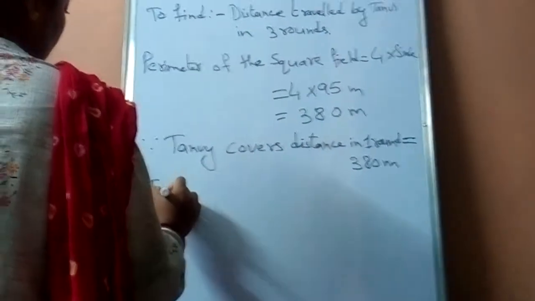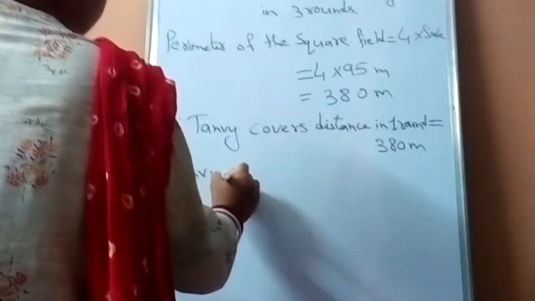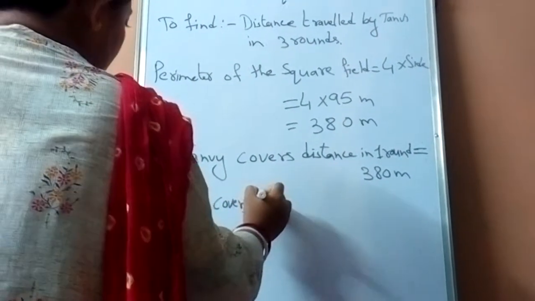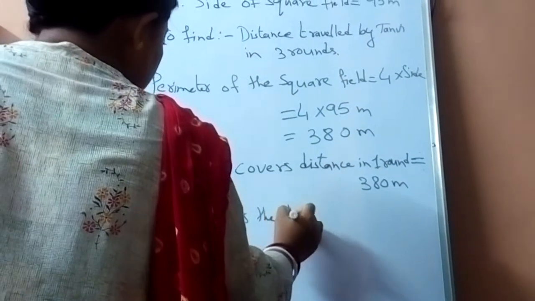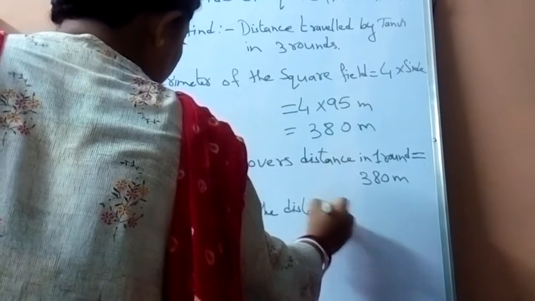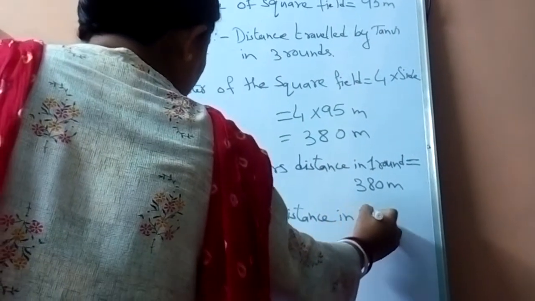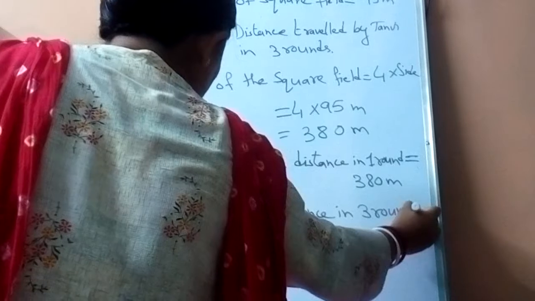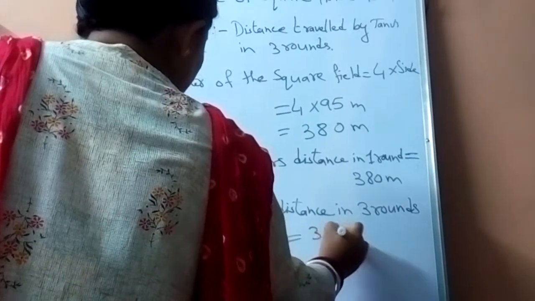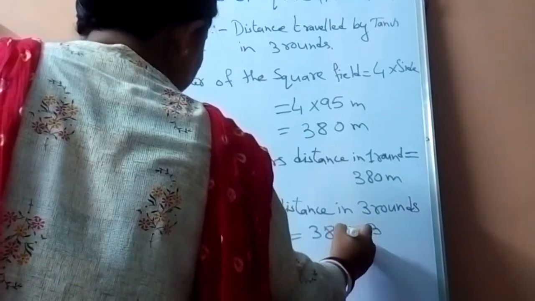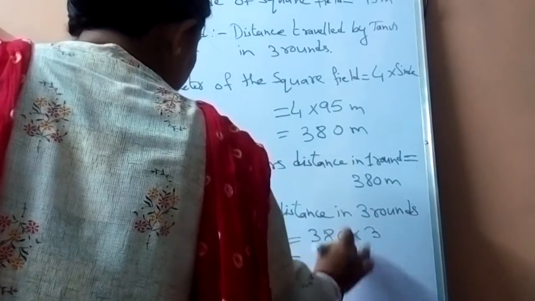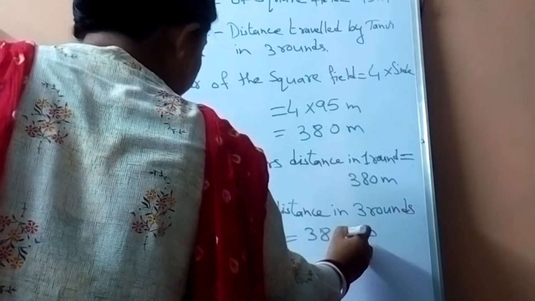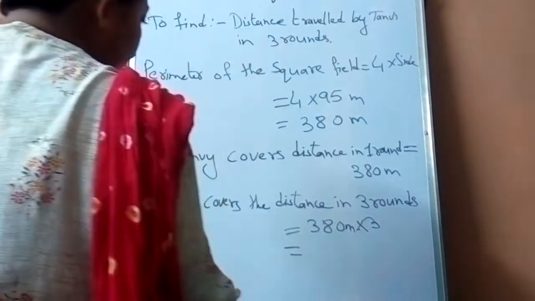Therefore, Tanvi covers the distance in 3 rounds. It will be 380 meter into 3.